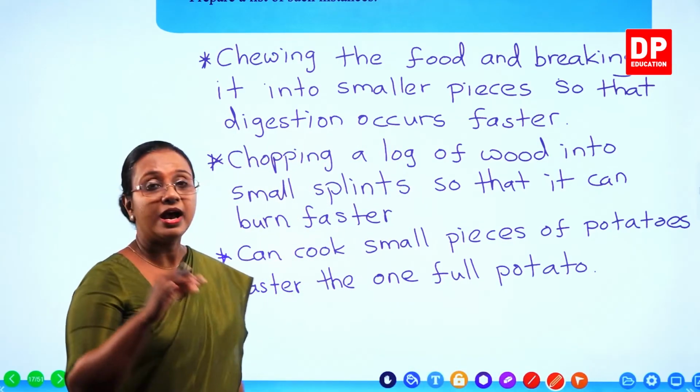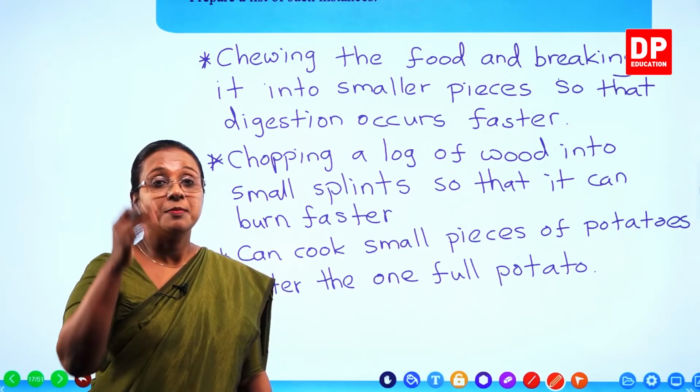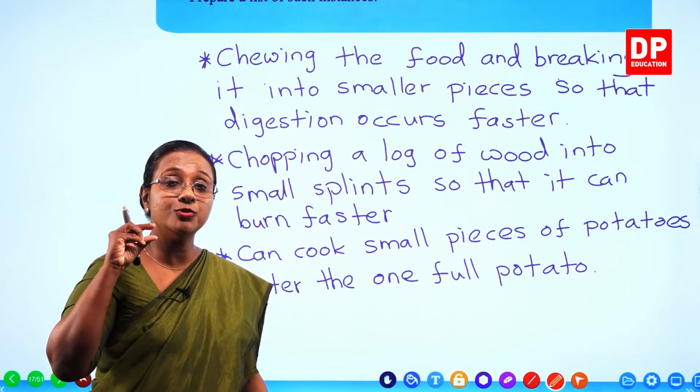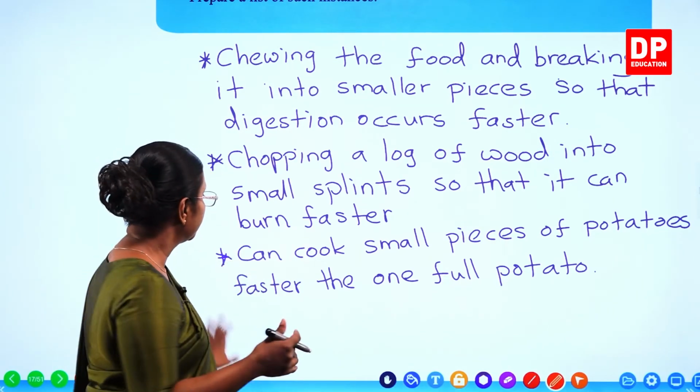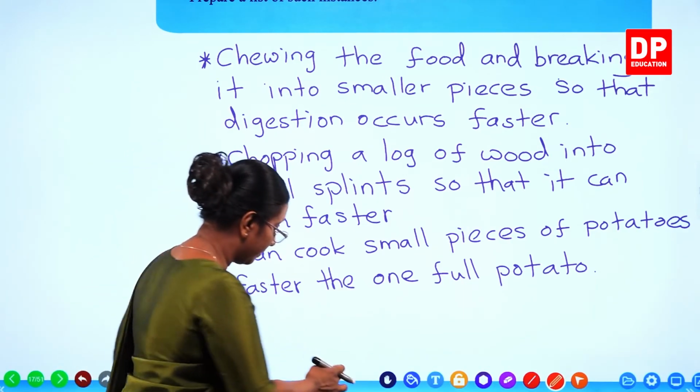So when you have one full one, to cook that, it takes a little longer time. But when you cut it into say 8 or 10 pieces, tiny pieces, small cubes, it cooks faster. So that again, increasing surface area, we increase the rate of reaction.